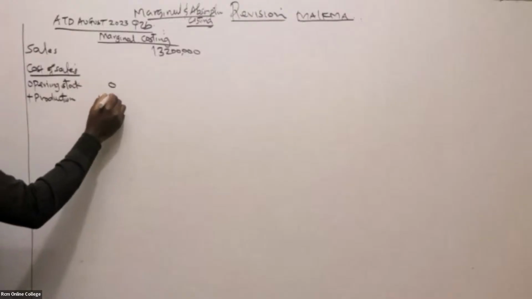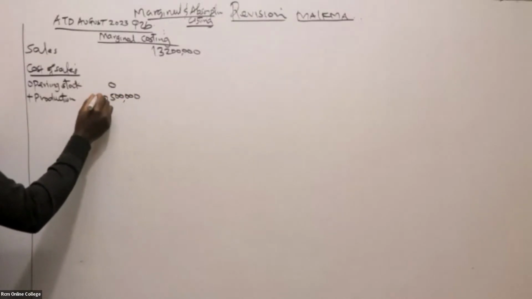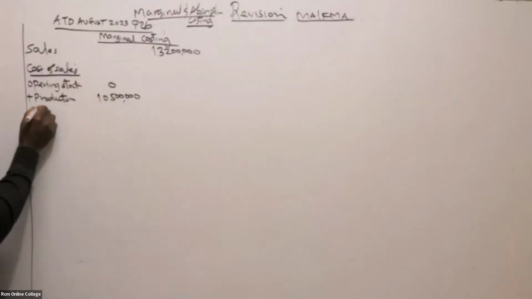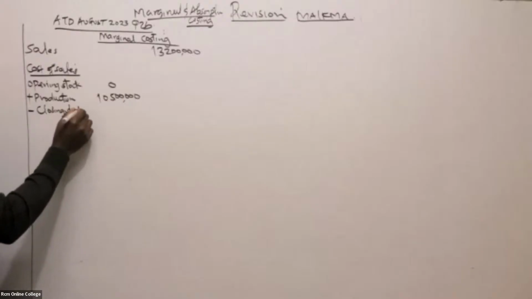That is 10,500,000. Then to that, remember we need to less closing stock.